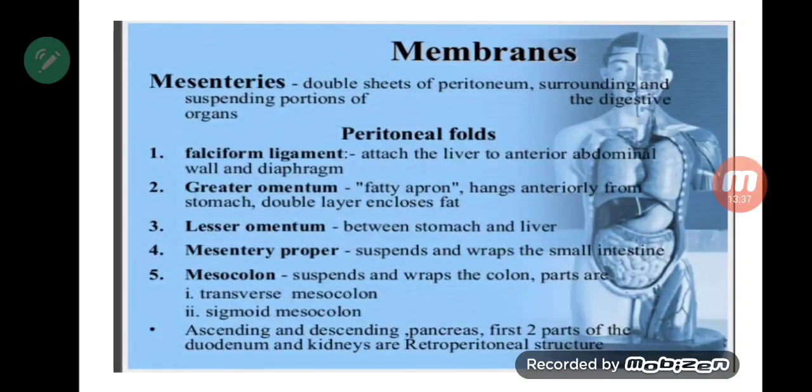Mesentery. Mesenteries are double sheets of peritoneum surrounding and suspending portions of the digestive organs.